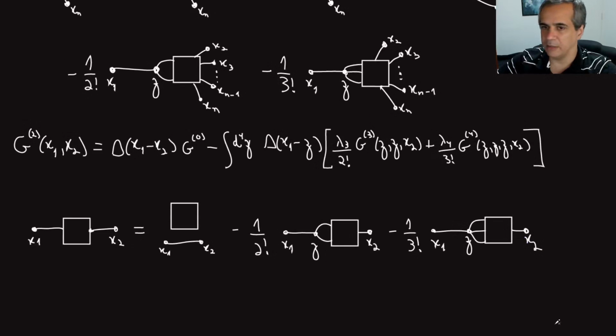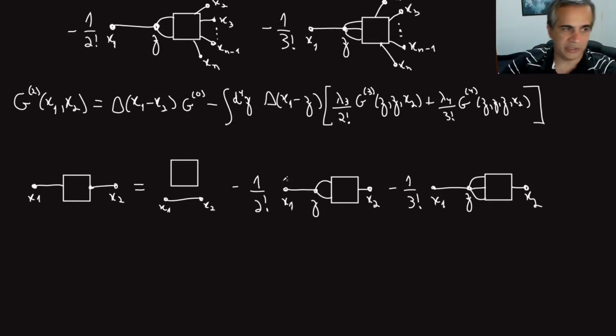Now I can look at this expression, right, and use the Dyson-Schwinger equation to write G3 and G4. See, I can use the same equation for G3 and G4. For instance, for G3 of z, x2, right?